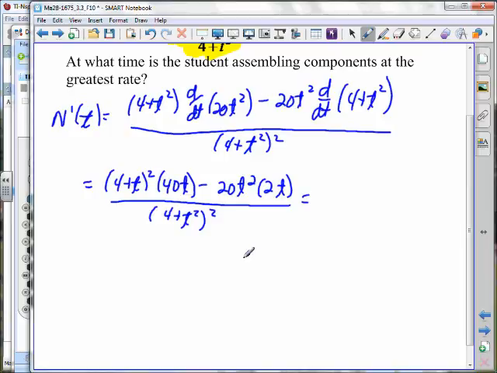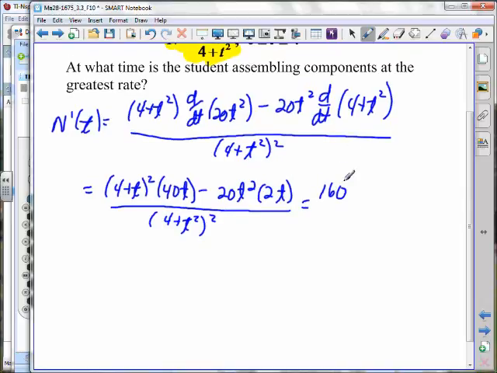You can stop at any point and take the second derivative. But I like to make it as clean as possible. And so I'm going to continue working on this, hoping I don't make any errors along the way.